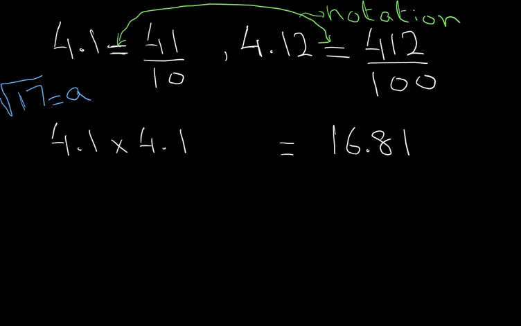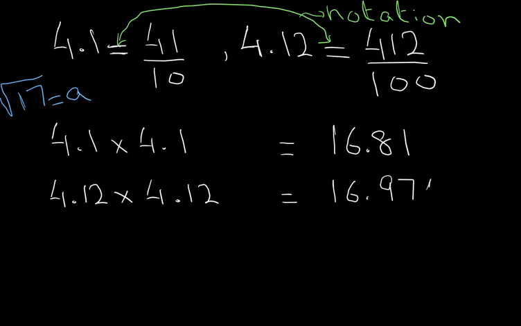Let's go on. Let's try a better approximation. Let's try 4.12 multiplied by 4.12. Turns out this is equal to 16.9744. Oh, we're getting quite close. We are actually within 3% of the right answer, even better. We are in fact within less than 300ths of the right answer.